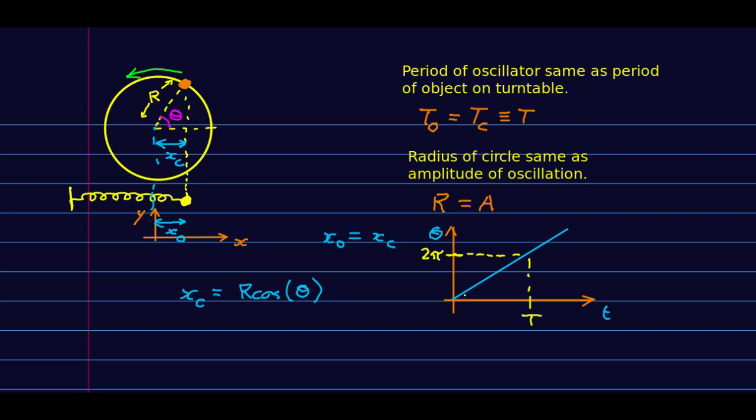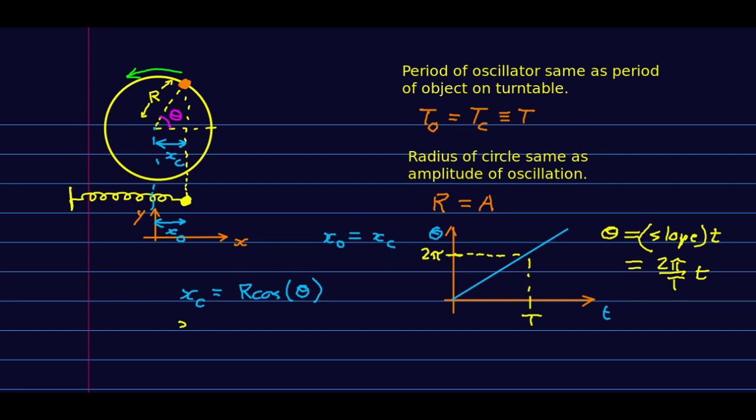And so what we have now is a line where we can see that theta is the slope of this line times t. And that slope is just a rise over a run, and that rise is 2 pi, and that run is capital T, and so there we have it. Theta just goes like this.